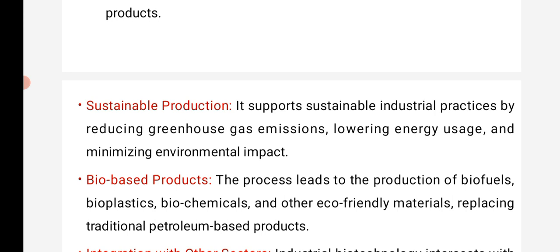For example, if they choose any type of plant, from its production we will finally get positive results. They may be helpful to the environment. It's needed for sustainable production, so it may be helpful for the future also.